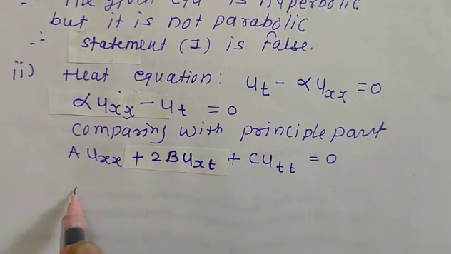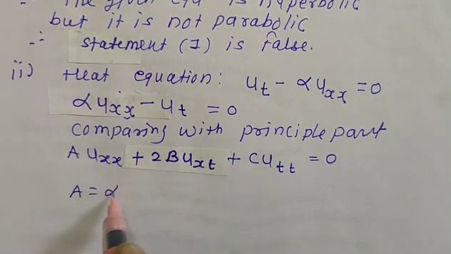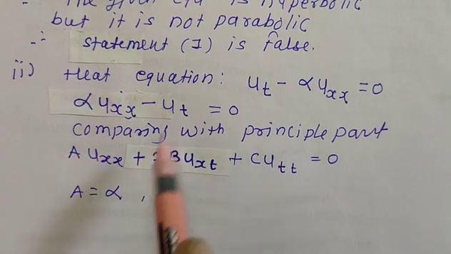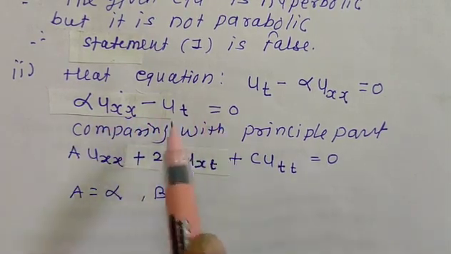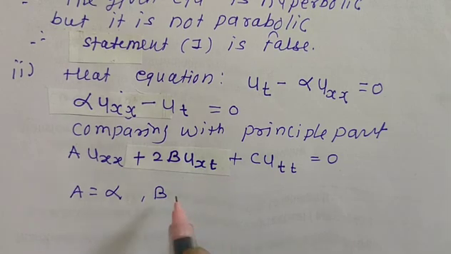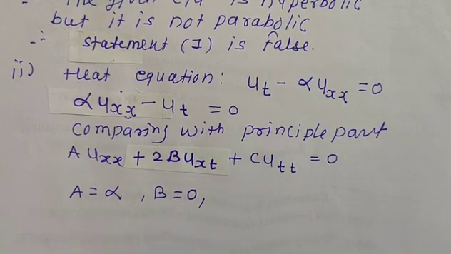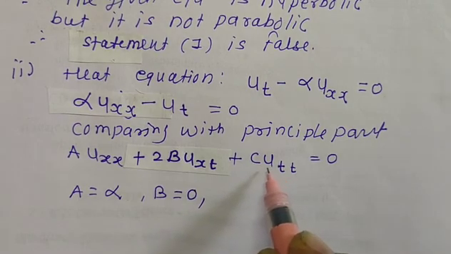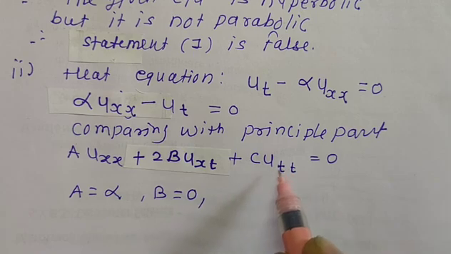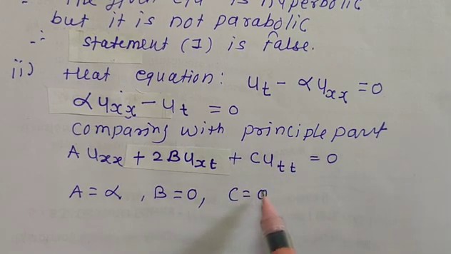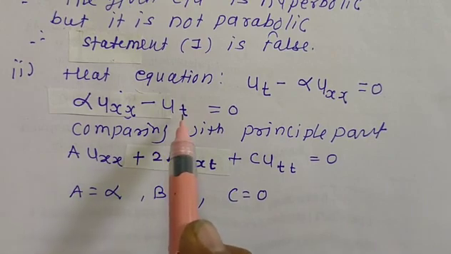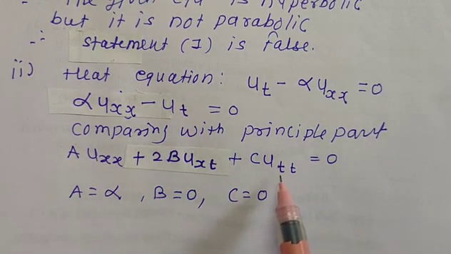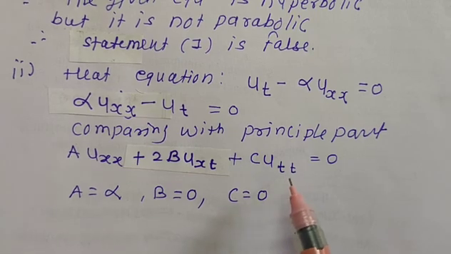Now comparing with principal part, this is the principal part, and if you compare this equation, you will get what? A is equal to alpha. There is no xt term, so B is equal to 0. And there is no utt term, so C is equal to 0. There is only ut, not utt. Remember.